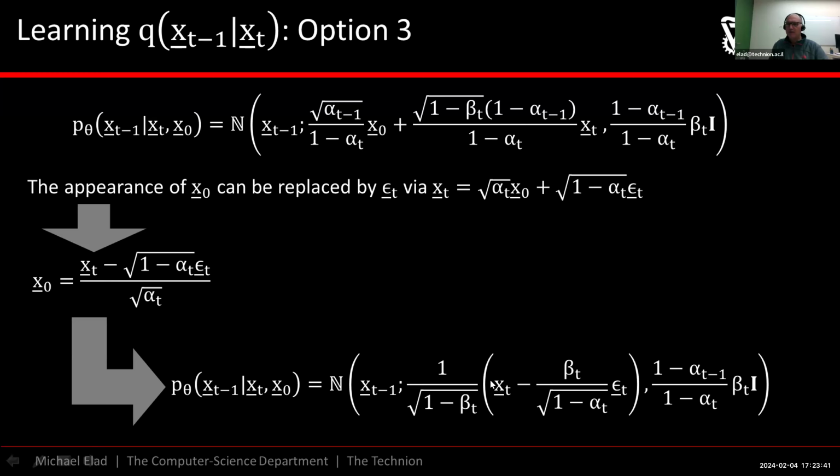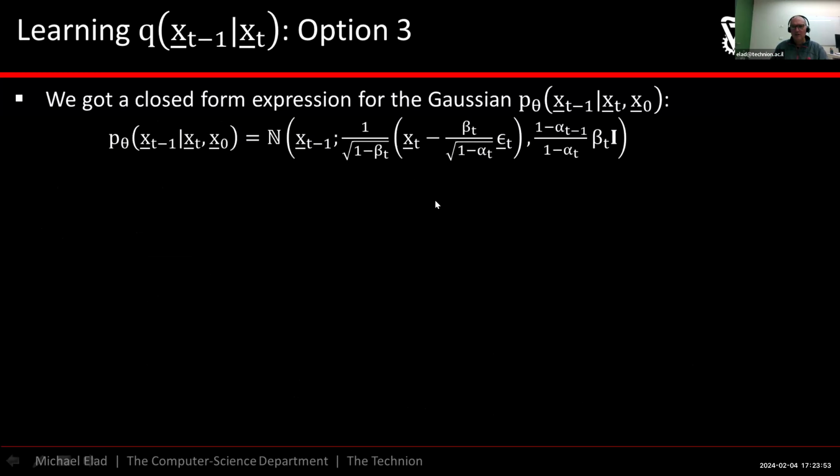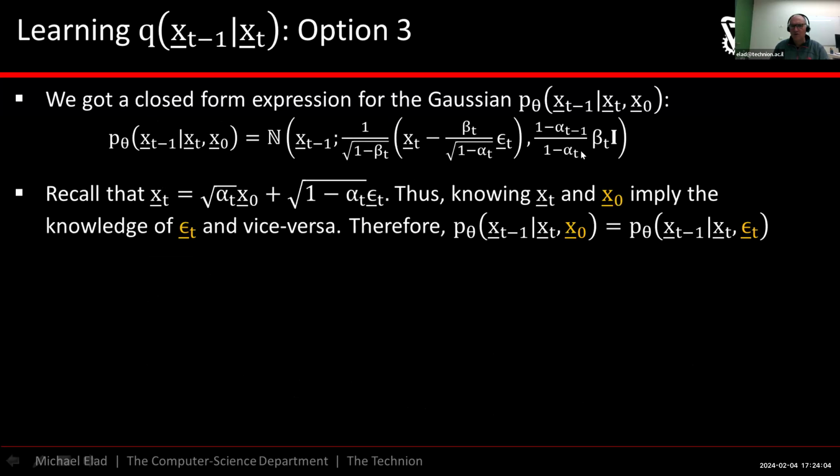And then what do we do? Now I'm getting to the climax of option number 3. Again, we have this expression. It uses epsilon t and xt in order to compute the mean. And it has a variance that is simply a scalar computed from the parameters we have chosen. And again, the probability with knowledge of x0 is just like the probability with knowledge of epsilon t, nothing to it.